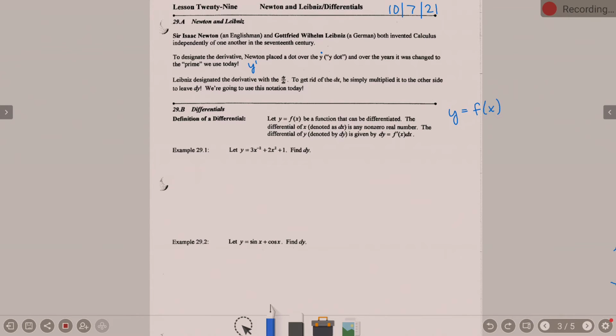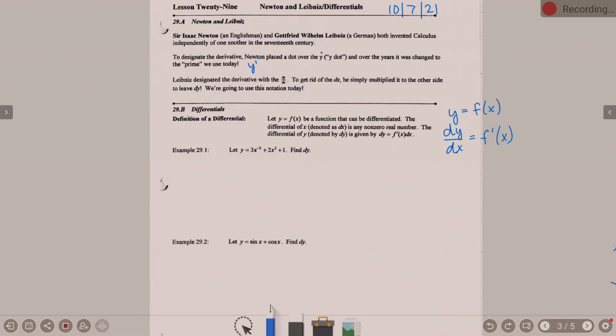If we take the derivative of y, then Leibniz is going to use the notation dy dx. If we take the derivative according to Sir Isaac Newton, the derivative of f of x, we usually write that as f prime of x.